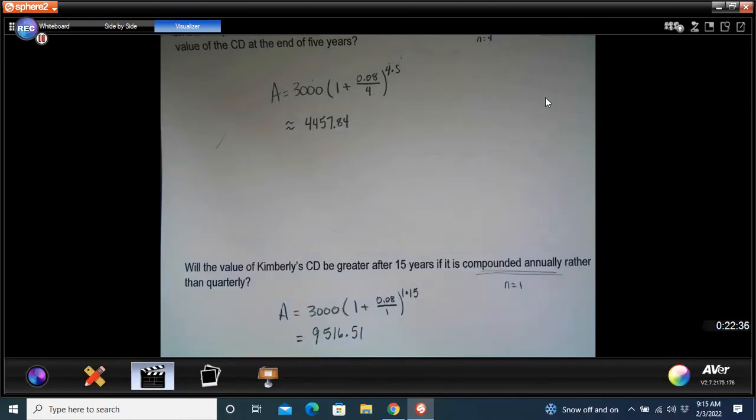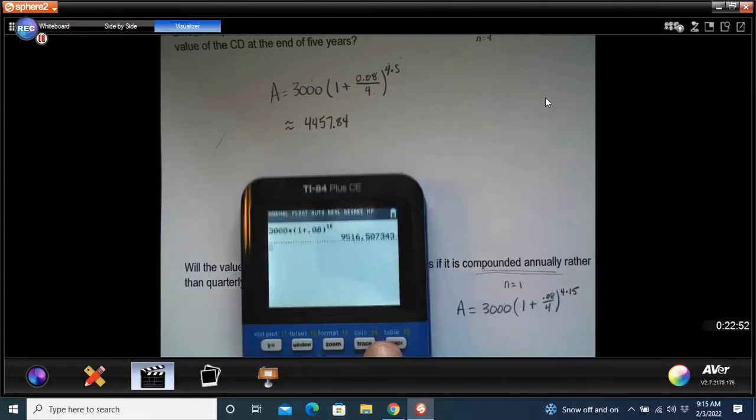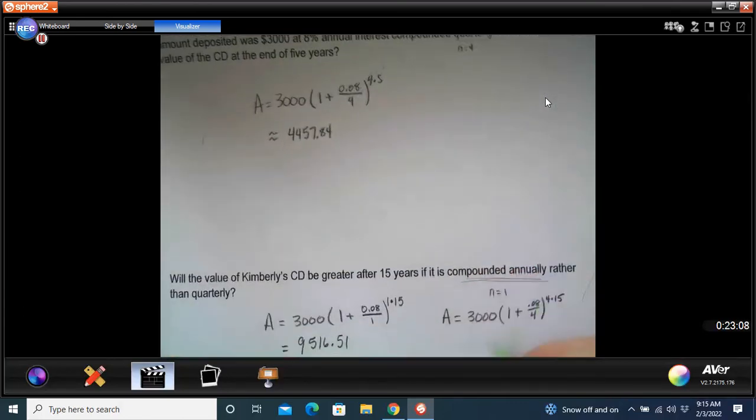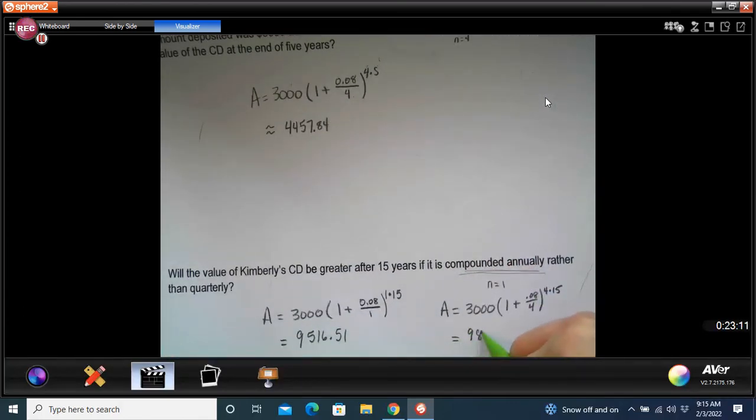If I take that and compound it quarterly, 0.08 over 4 to the 4 times 15, then I take 3,000 times 1 plus 0.08 divided by 4 to the 60th power, and I get approximately $9,843.09.